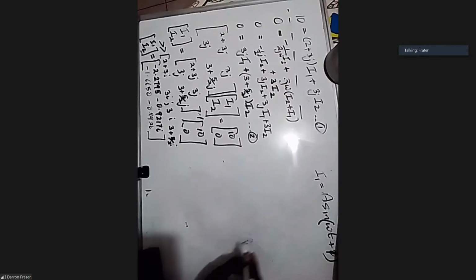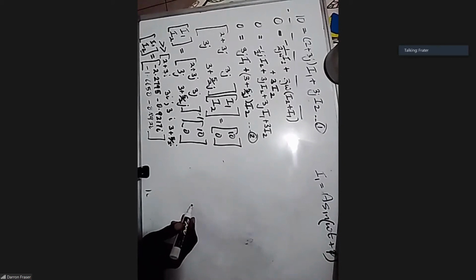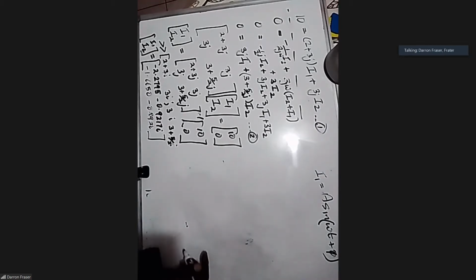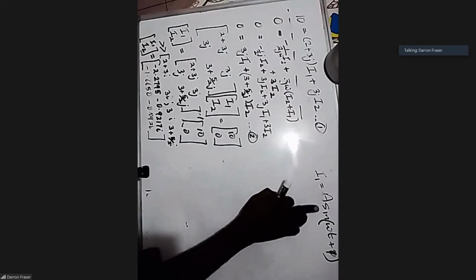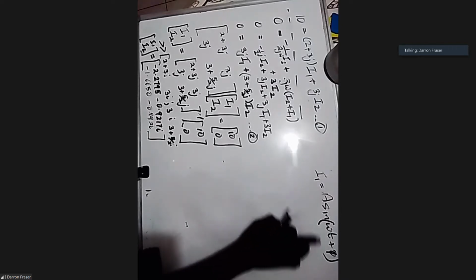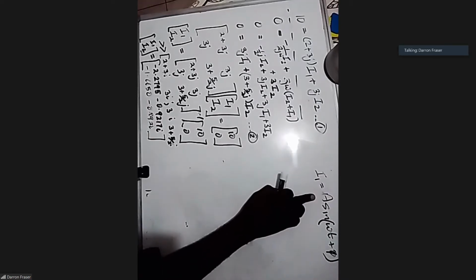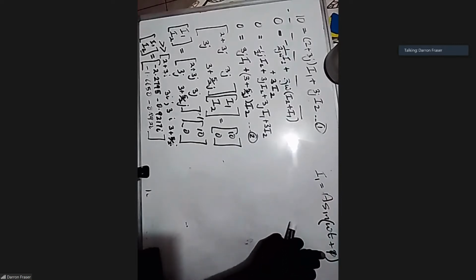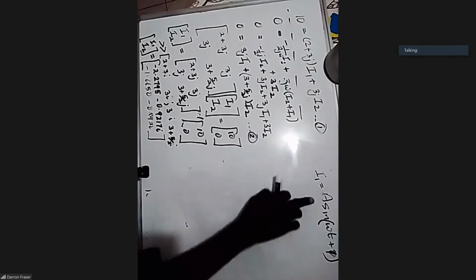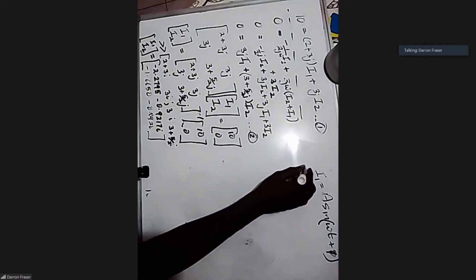Negative 1.6650 minus 0.892. Okay. All right. So now, the current is going to be in this form: I is equal to A sine omega t plus phi, which is the phase angle. How do we find A?